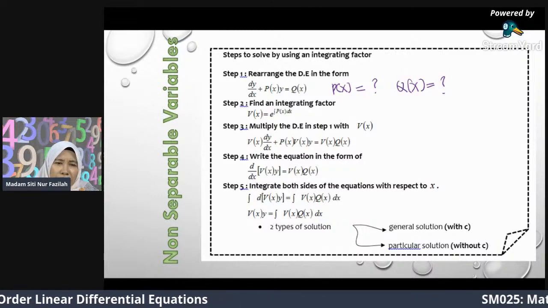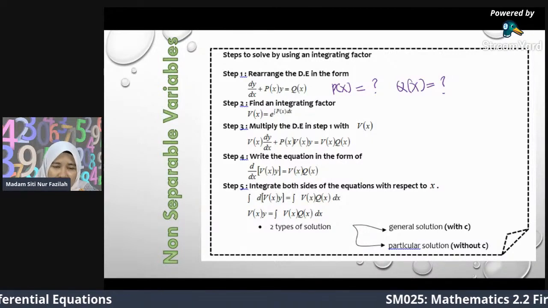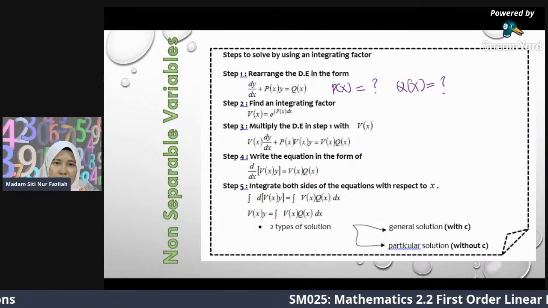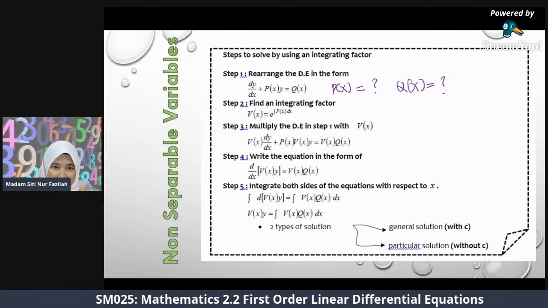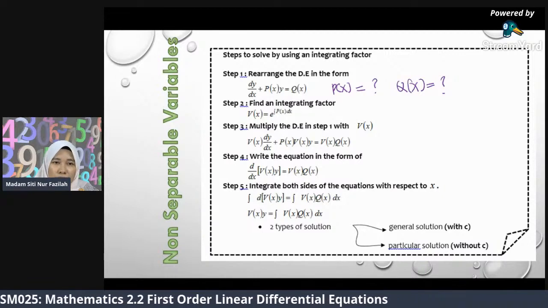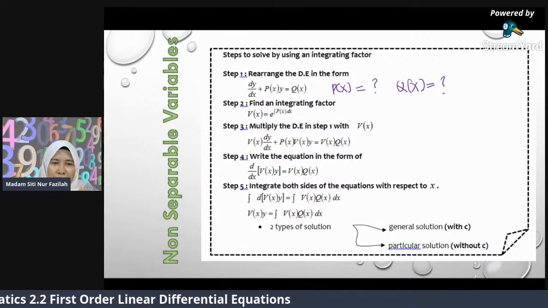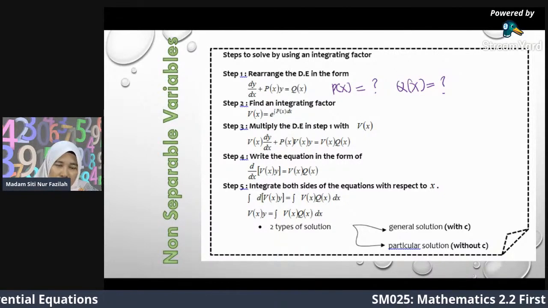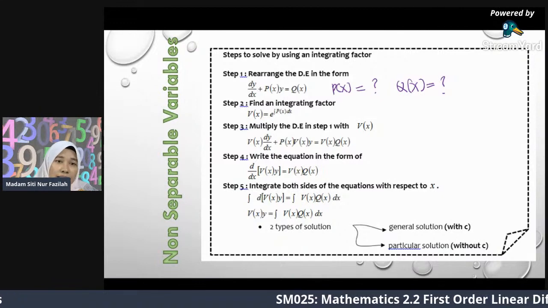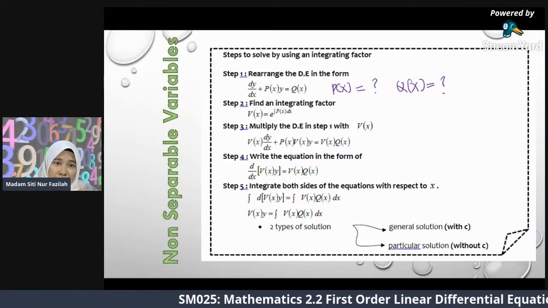Go to step 2. We need to find an integrating factor. The integrating factor here is function V(x), equal to exponent integration P(x) dx. To find function V(x), we have a formula. What is the formula for function V(x)?